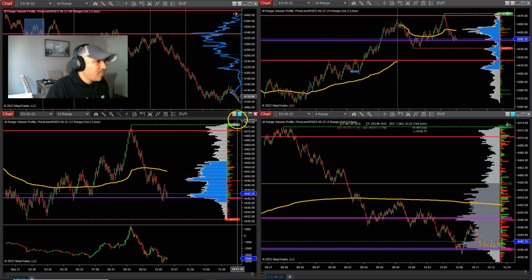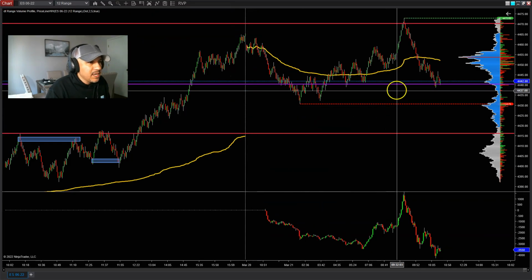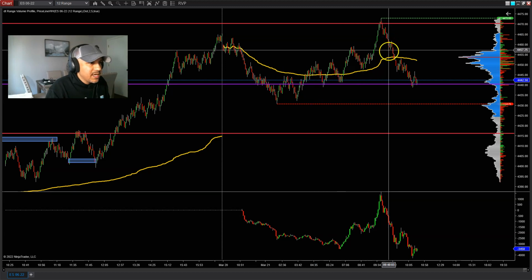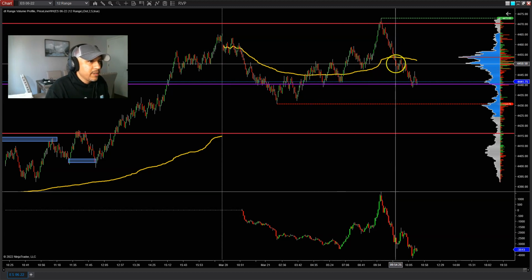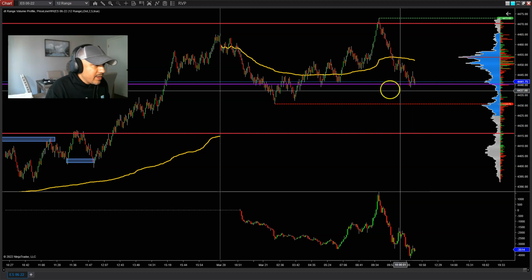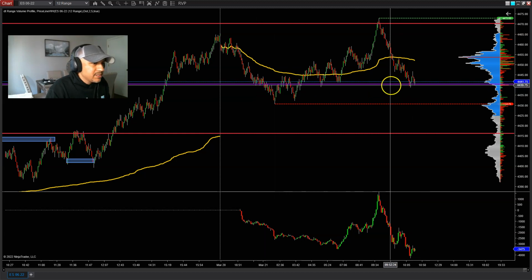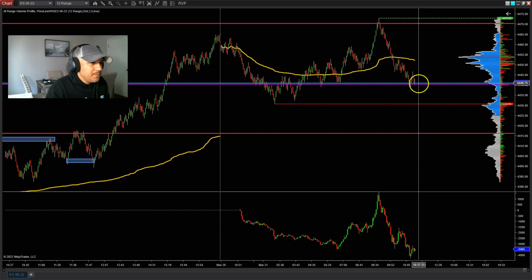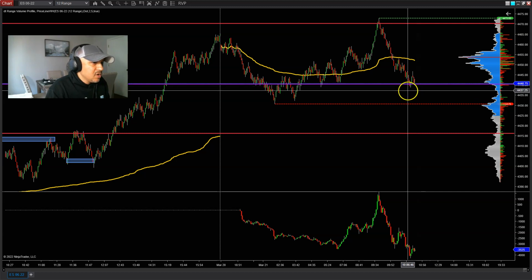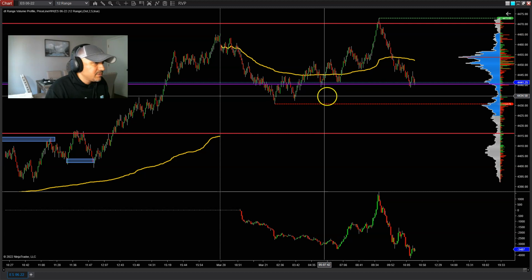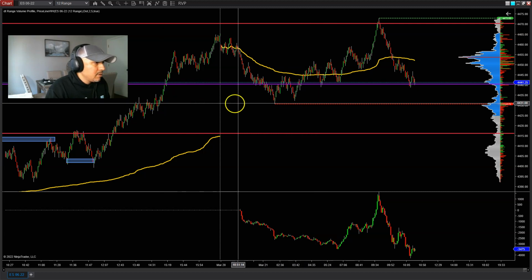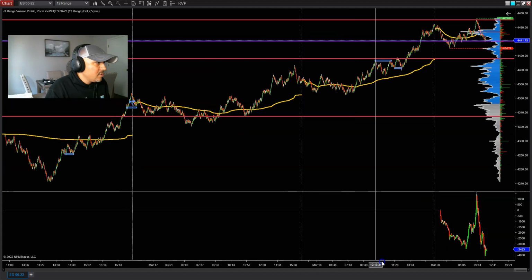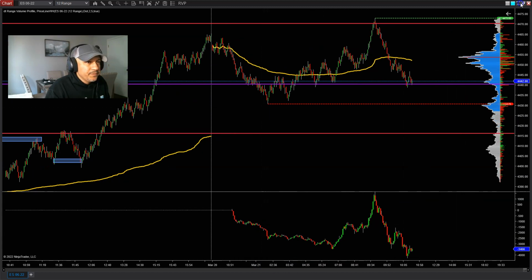We typically like to look for price to start breaking structure to the downside, which it has, breaking structure and breaking support. Right now it is at a key area where it can bounce. It's already bounced once, pushed up, pulled back. It may continue pushing lower, but we have to be careful because we do have areas of support right below us. Let's be mindful of that as well.